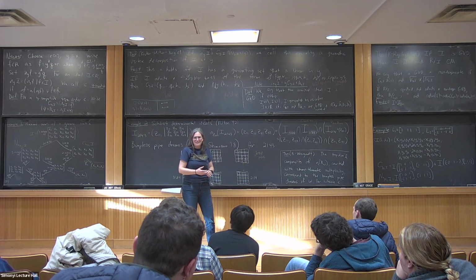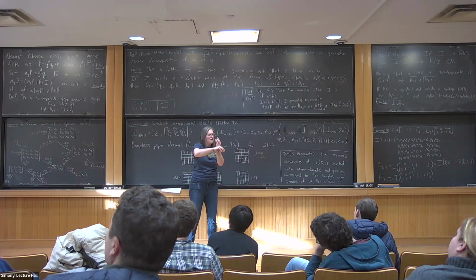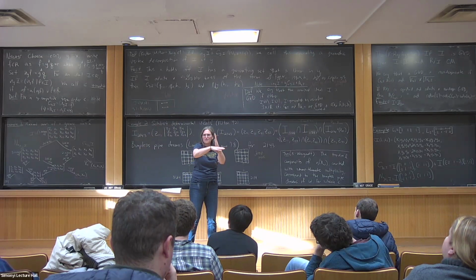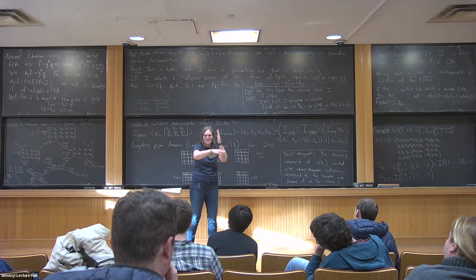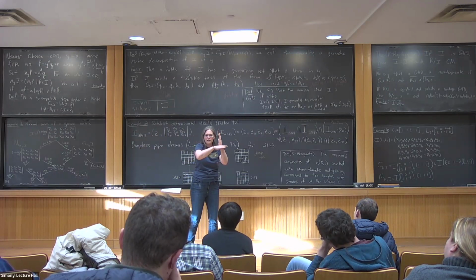Which one is the deletion and which one is the link? In this picture, one of these planes is the deletion plus Y, and the other one is the link.